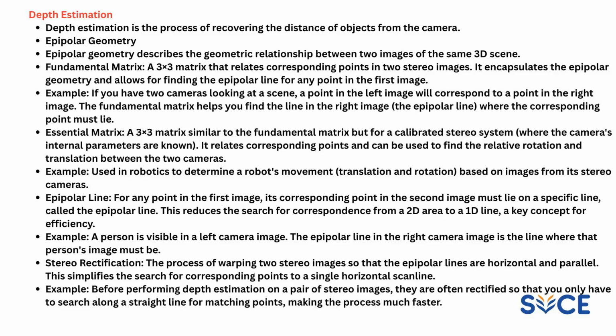The fundamental matrix connects a point in one image to the epipolar line in another. The essential matrix does the same, but also gives the camera motion when calibrated. The epipolar line simply reduces the correspondence search from 2D to 1D. That's all it does.